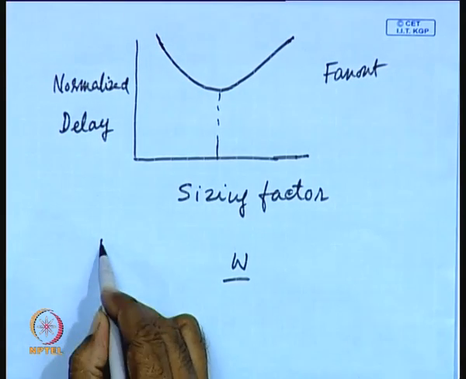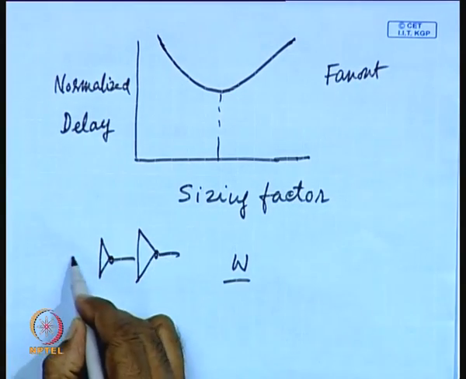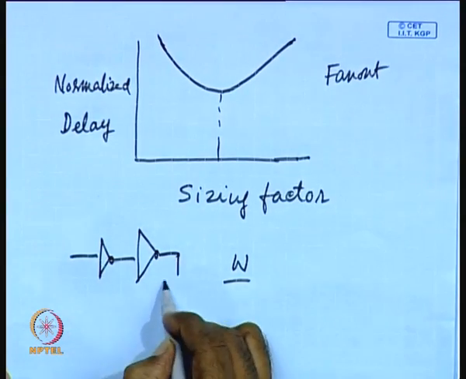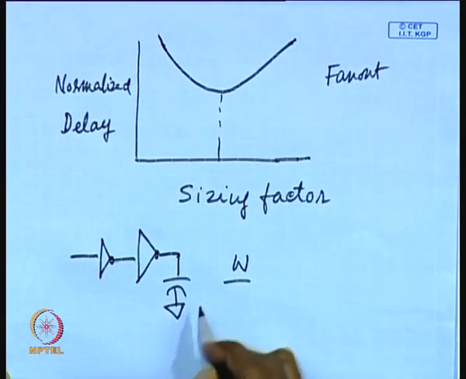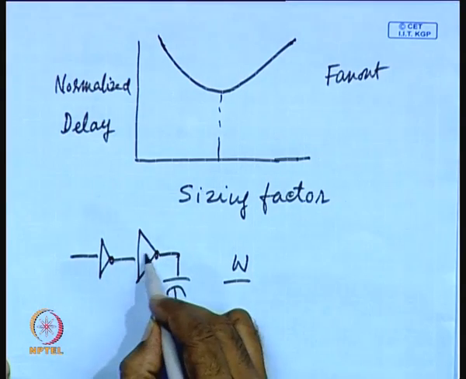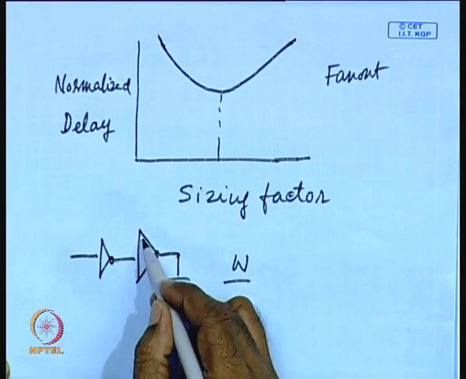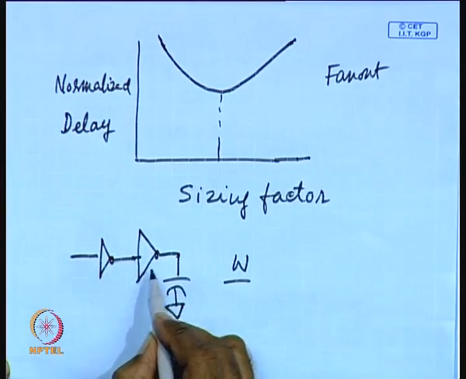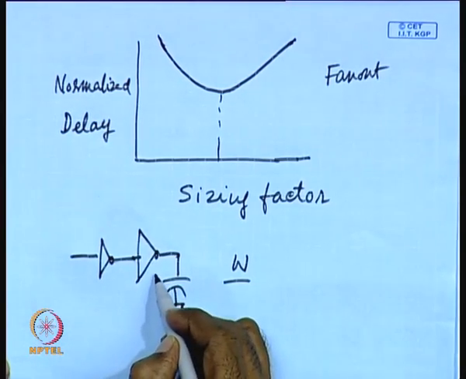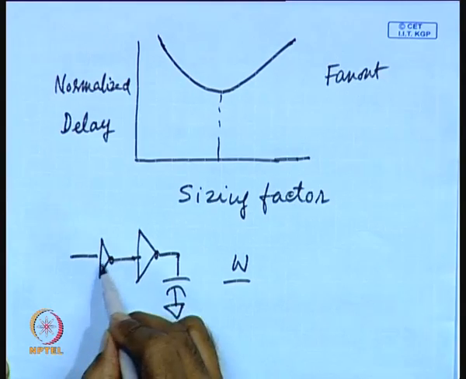You are driving, say, an inverter of a larger size. Now, if this capacitance is large, the delay will reduce if you increase the size of this transistor. But as you increase the size of this transistor, the capacitance of this also increases, and as the capacitance of this increases, there will be larger delay for this side.